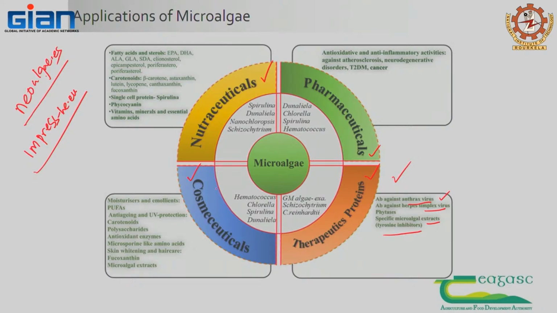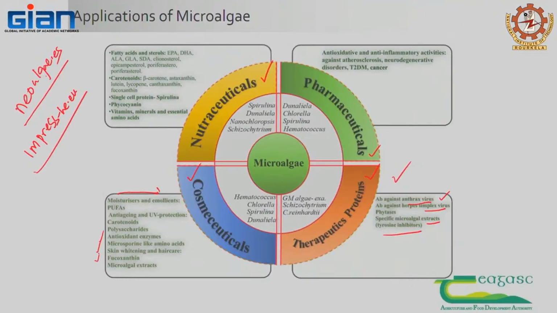Same with cosmeceuticals, moisturizers and all those hand creams. They do have a lot of them. If you read through any of those expensive hand creams, it will say seaweed extract or microalgae extract. They do contain those as an ingredient. You have antioxidants, skin whitening, fucoxanthin.